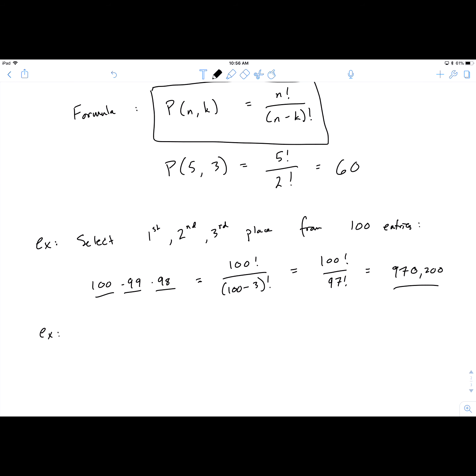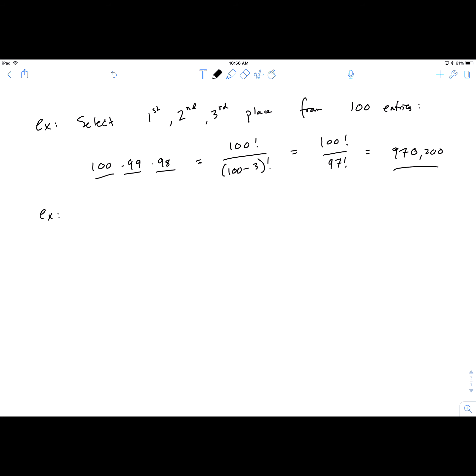Here's an interesting one that is a little bit different. The question is, let's say we take the letters A through H, and we ask the question, how many permutations, in other words, how many arrangements of these letters, the letters A through H, contain the string ABC in that order?